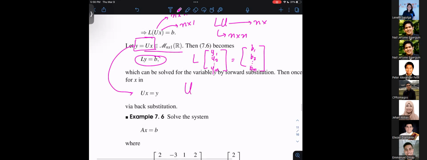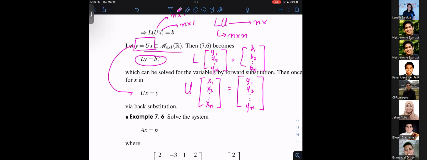So we'll have the matrix U, which we know from the LU decomposition, and then we'll have X1, X2, until Xn, our original variables, equals the values of the Ys that we found from the forward substitution. This is the second system of equations that we want to solve.